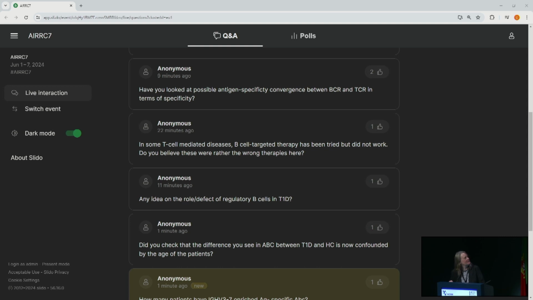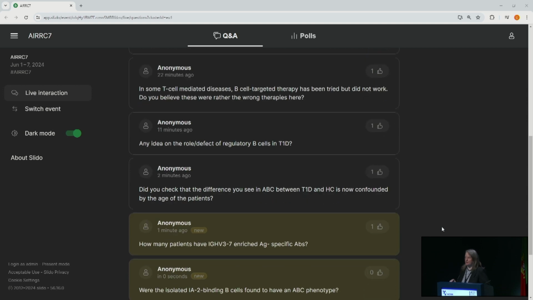All right, okay. In some T-cell mediated diseases, B-cell targeted therapy has been tried but did not work. Do you believe these were rather the wrong therapies here? I'm not sure what that means exactly.